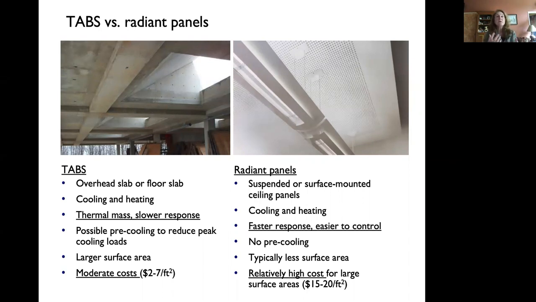So there are pros and cons in different kinds of spaces. And then the last bullet on each is the relative cost: the TABs is a much less expensive system. So particularly if you're going to be doing it for large surface areas, that's really the way to go.